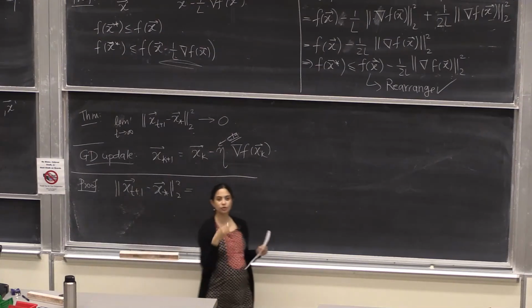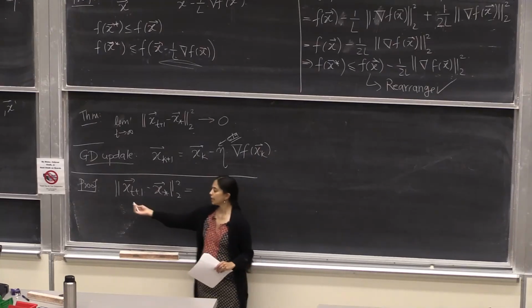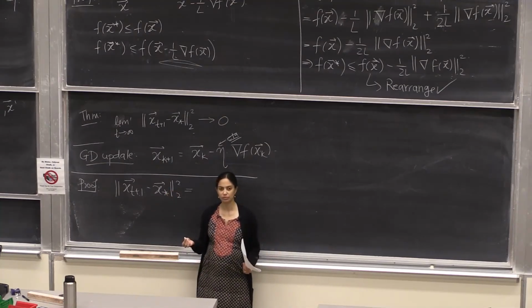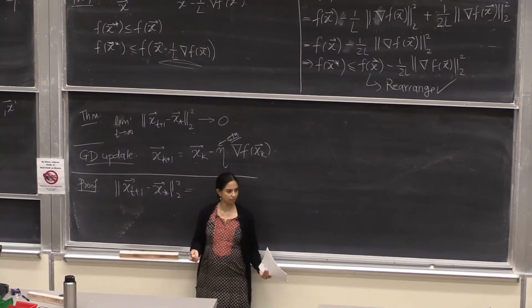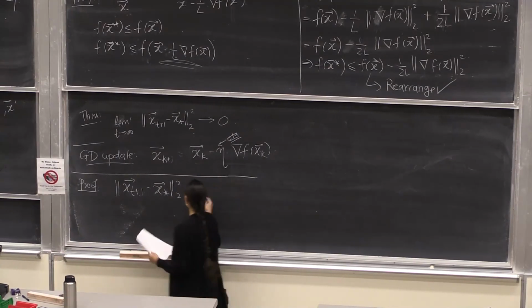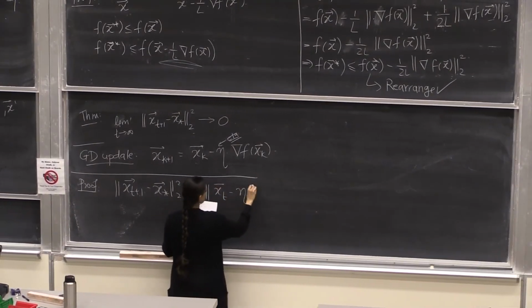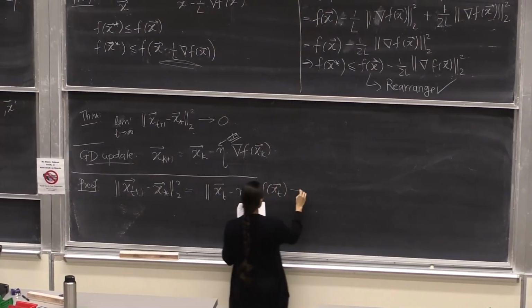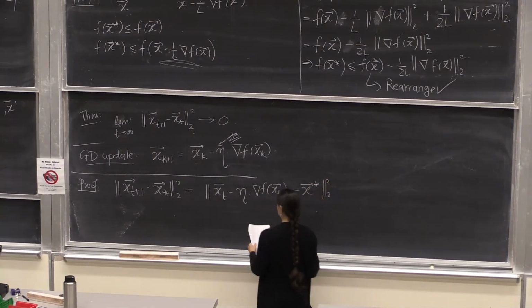Now I know that I'm using gradient descent. So what is the first substitution I might want to do to pull in the fact that I'm using the gradient descent algorithm? I want to write x t plus 1 in terms of the previous point, right? Just so that I can remember what I'm doing. So I'm going to write this as x t minus, okay?